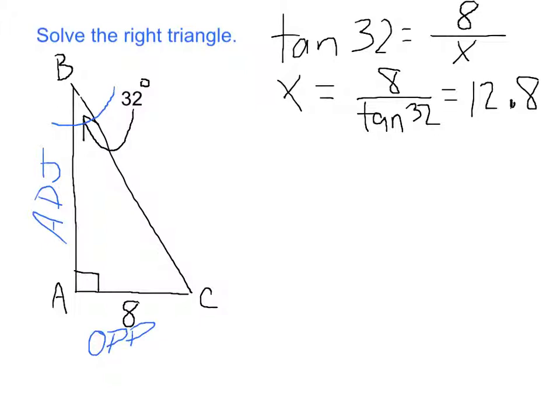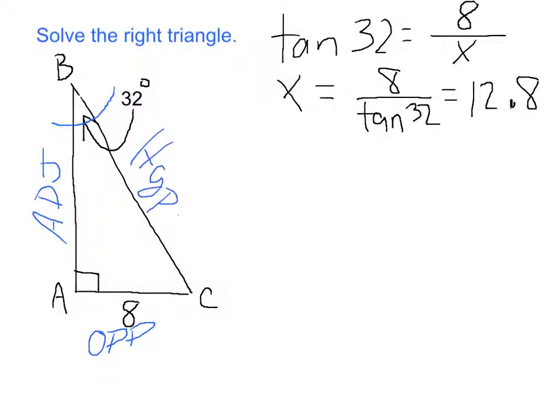Now I can use the same trig functions, the same ratios to find side BC. The only thing I have to change, I'm no longer using this adjacent side. I'm using, this time, the hypotenuse, or trying to find the hypotenuse.